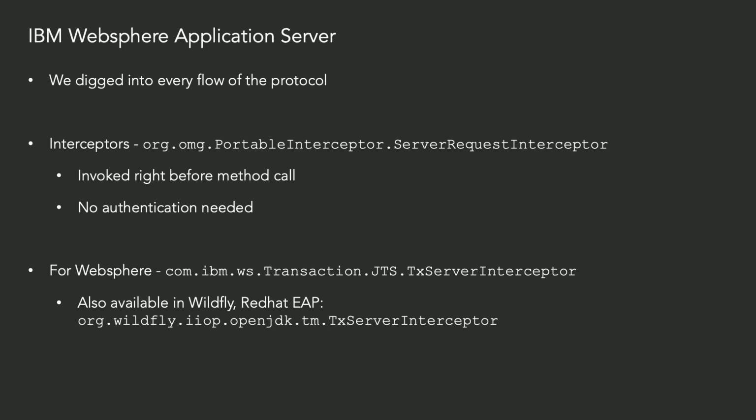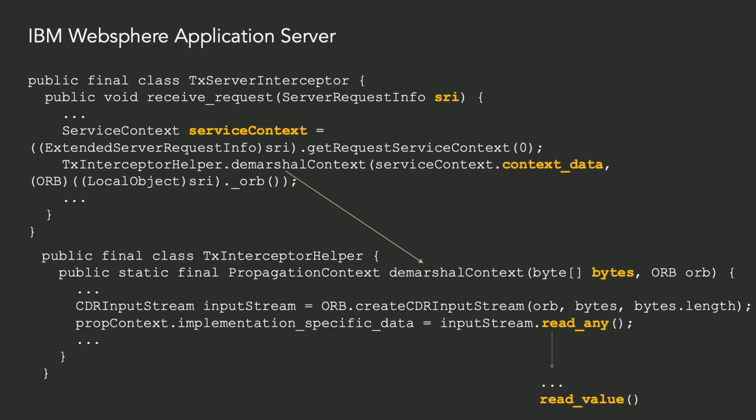For WebSphere, there's one interceptor. Its name is TX server interceptor, and it's also available in WildFly and Red Hat EAP, which is Red Hat's enterprise application product. They are also all vulnerable to the same kind of thing. But let's talk about that later.